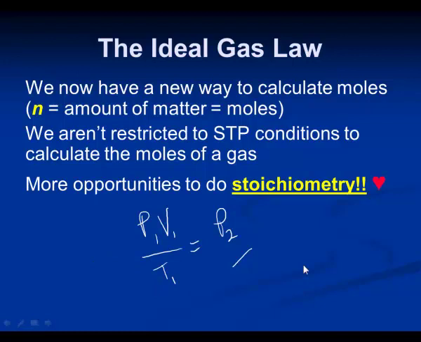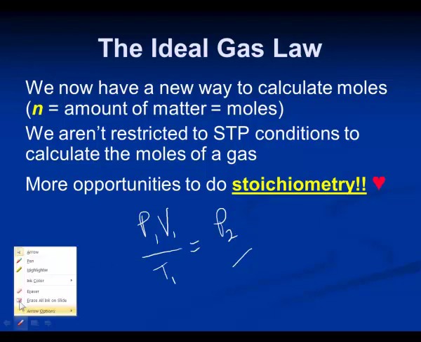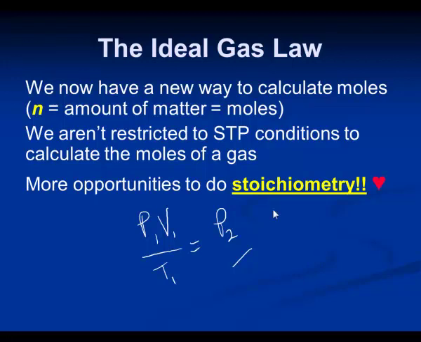That's a P2. I have to turn my pen back on. P2 V2 over T2. So we had the combined gas law already that has pressure, volume, and temperature measurements in it, but we don't know about moles, and moles are essential if we're going to do stoichiometry, if we have chemical processes, chemical reactions taking place.